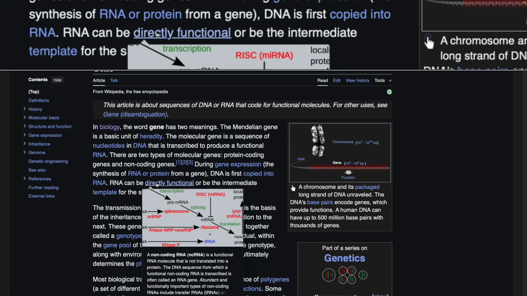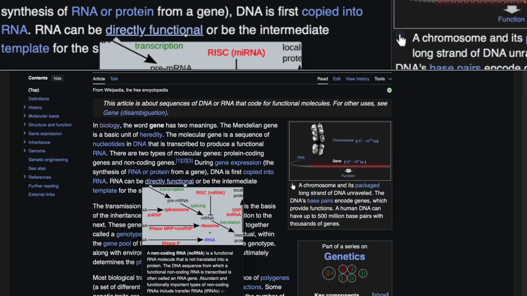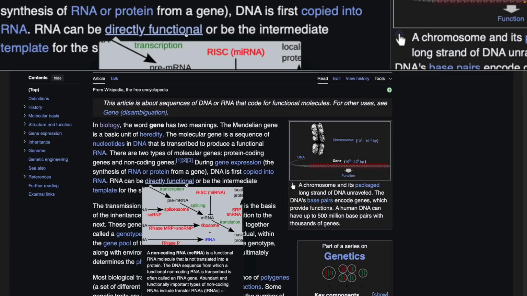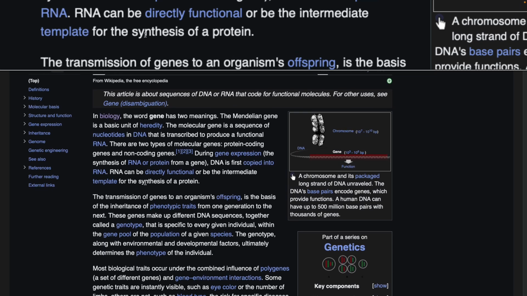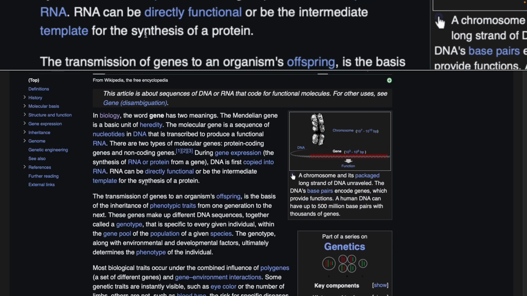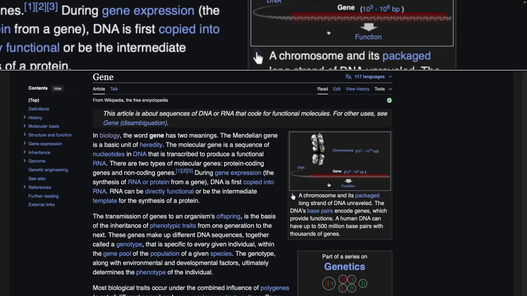RNA can be directly functional, or be the intermediate template for the synthesis of a protein. Don't worry, I'm confused as well. Let's take a look at this picture right now.